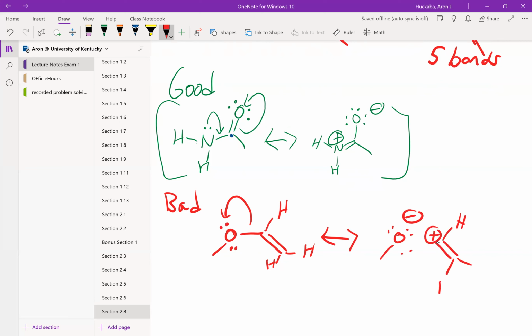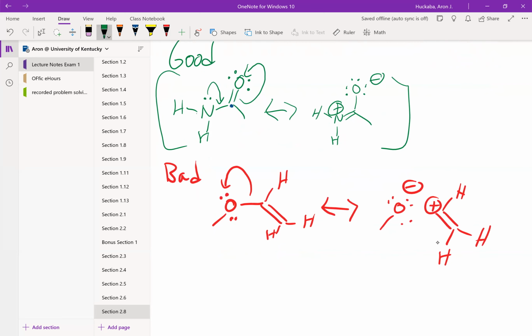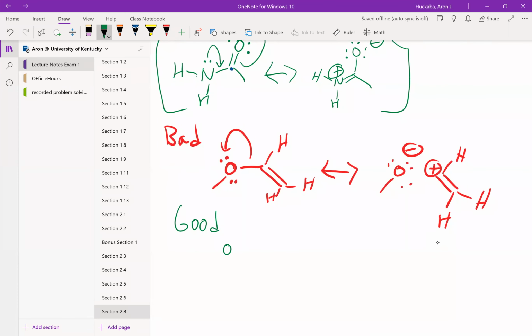Right? That's what it looks like if you draw the arrow that way. The good way to draw it would be to draw it going this way. And because we had an octet issue here with this carbon, we had to move the double bond farther.